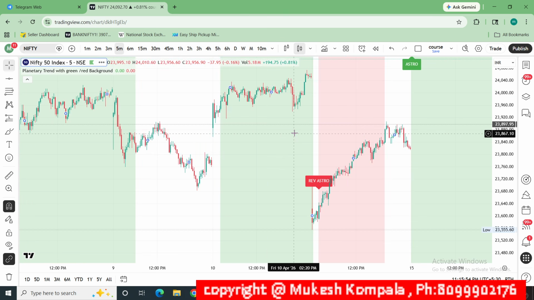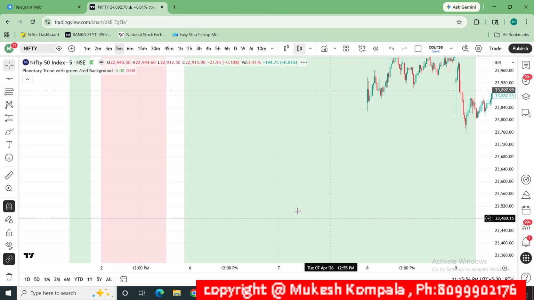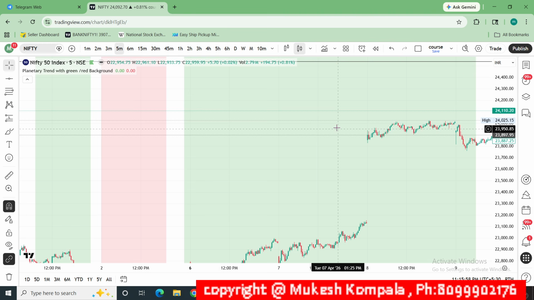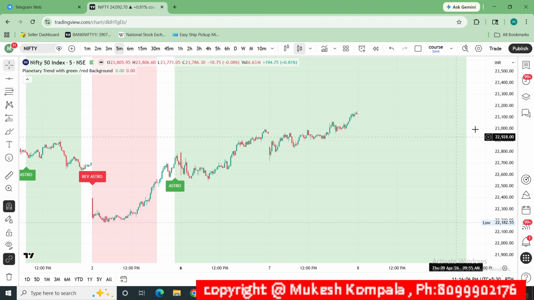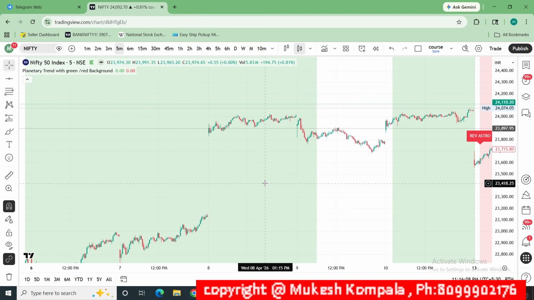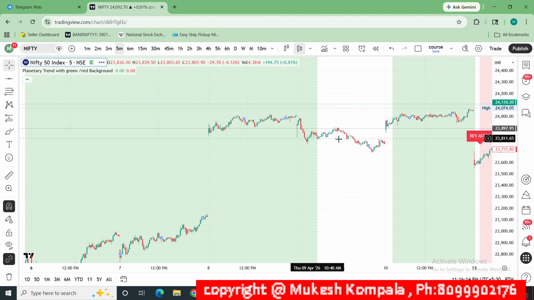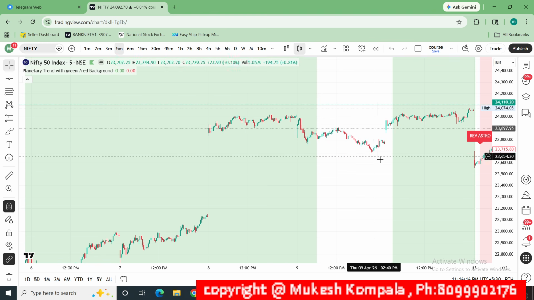Now you can see this. Let me clarify one more thing. Here it was the buy signal at 27,679. You can book profit here, at 23,873. In this white background don't take new trades.